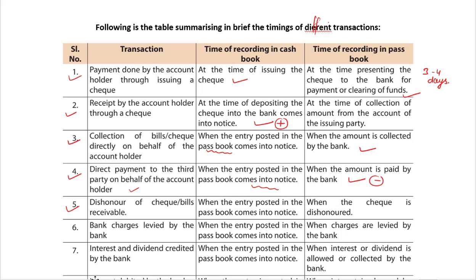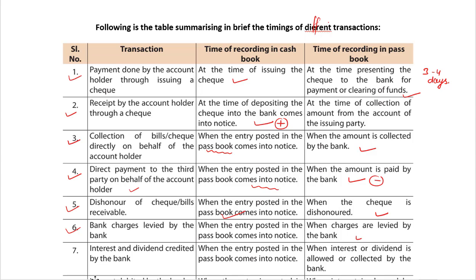When we see the passbook, at that point of time we will put the entry in the cash book. Point number 5, dishonor of checks or bills receivable. When the check is dishonored, the entry will be made in the passbook. When the entry posted in the passbook comes to notice, at that point of time we will make the entry in the cash book. Let's see point number 6, bank charges levied by the bank.